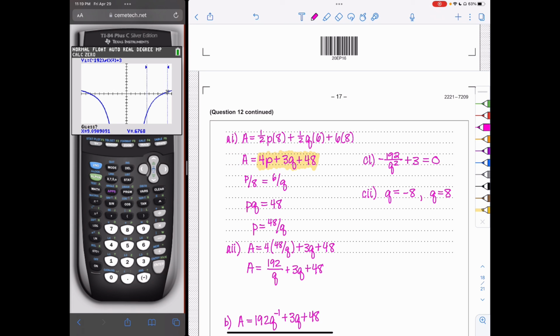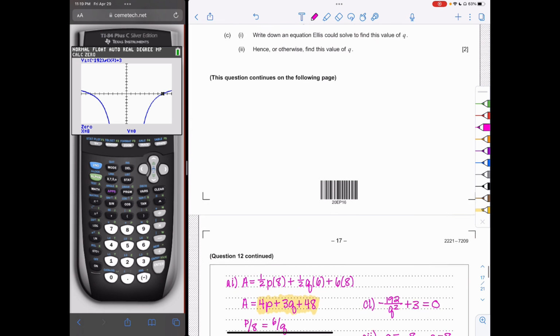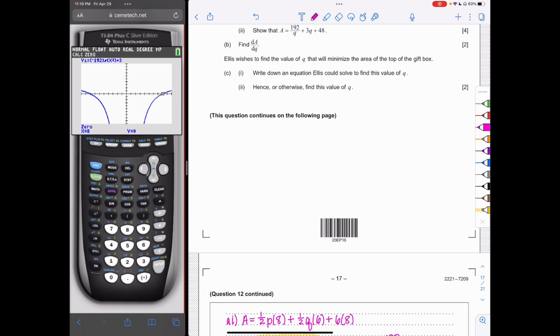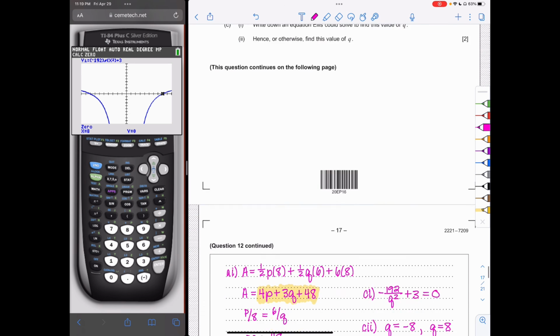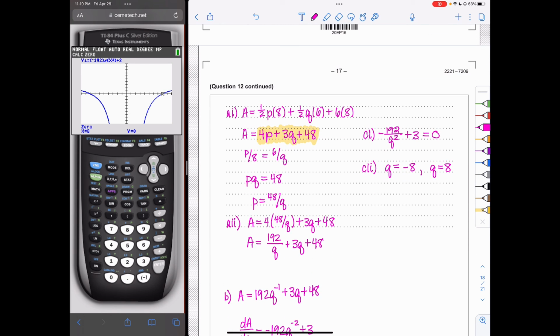Once I press enter again, I see that my value here is 8. So my minimum occurs at 8 centimeters. So my answer is going to be 8 here.